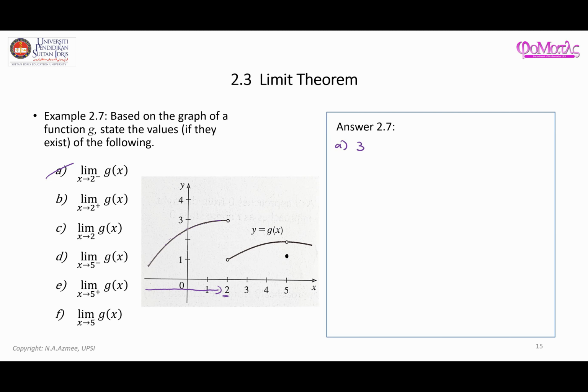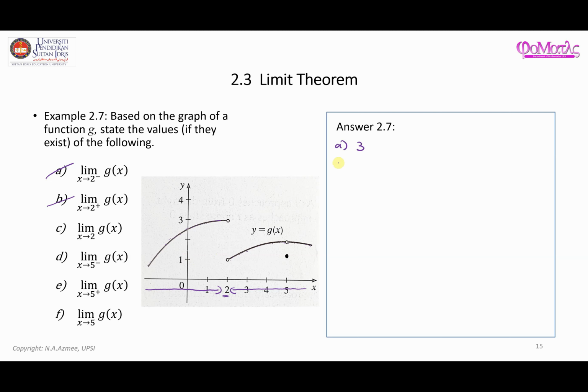Now, what is the limiting value of the function when x approaches 2 from the right direction? From the right direction, you will see that the values of g(x) are going downwards, and will get closer and closer to the value of 1.